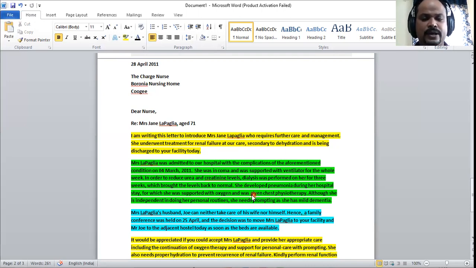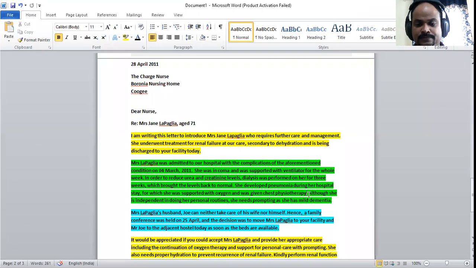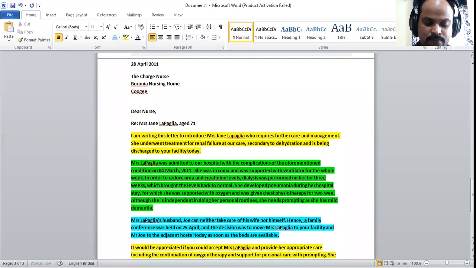She developed pneumonia during her hospital stay, for which she was supported with oxygen. That was a primary care, oxygen support, and was given chest physiotherapy. I can say for 2 weeks, because it was given for 2 weeks.